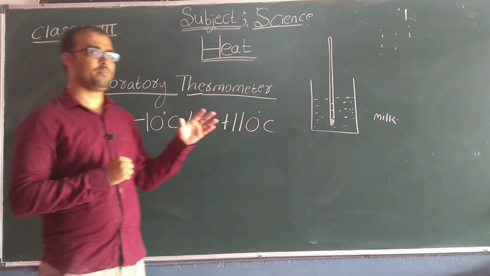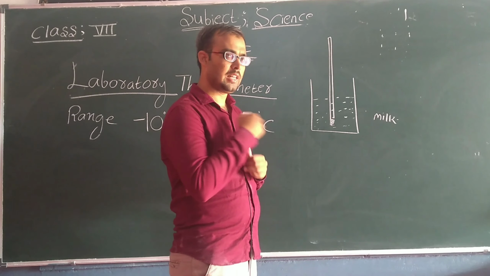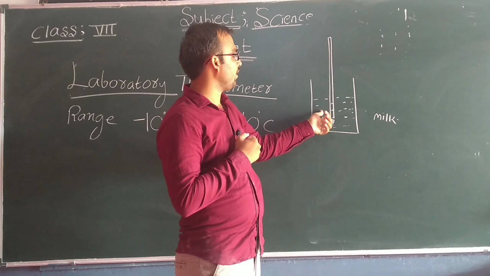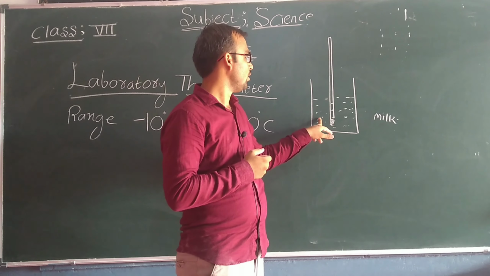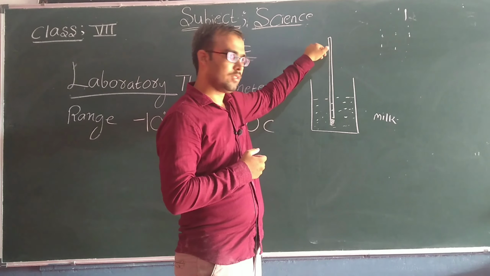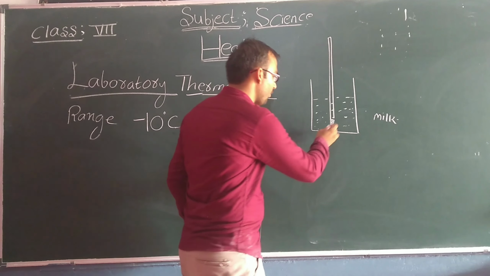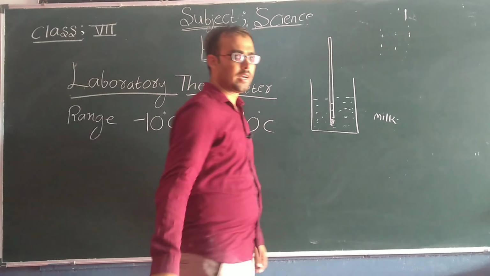How do we measure the temperature of other things using a laboratory thermometer? Look at the figure. If you want to measure the temperature of milk, fill milk in a container and hold the laboratory thermometer straight, dipped in it. Note that the bulb should not touch the end of the container.